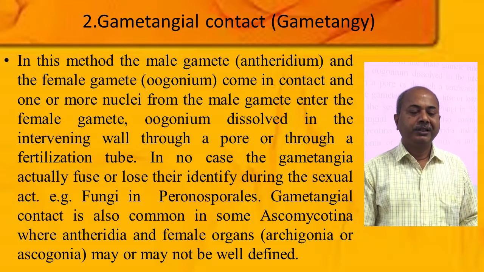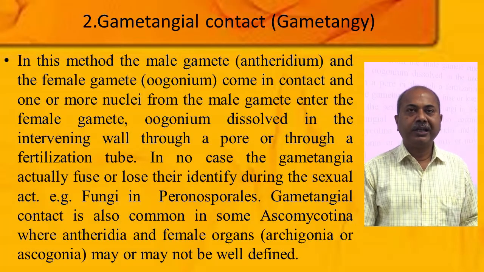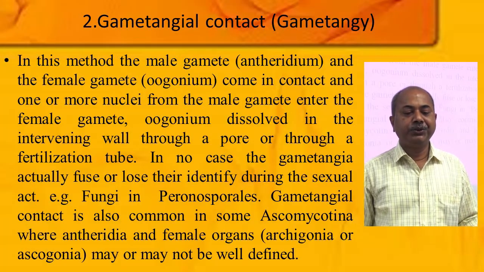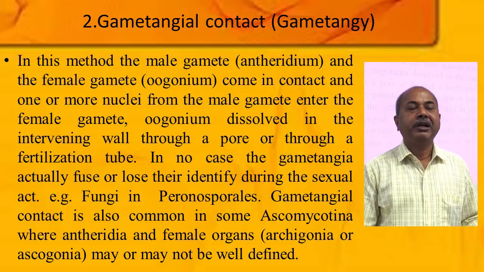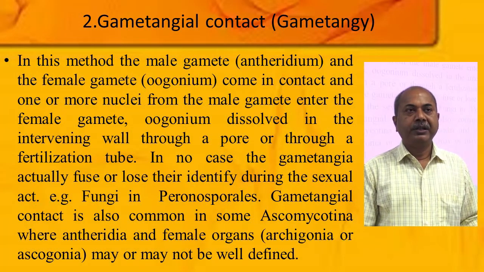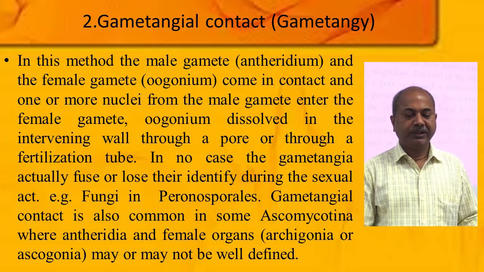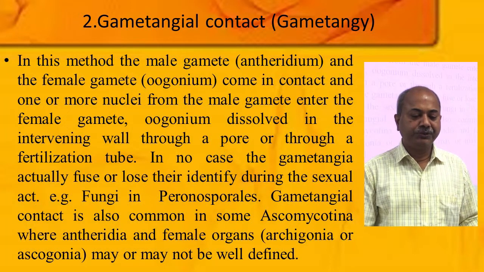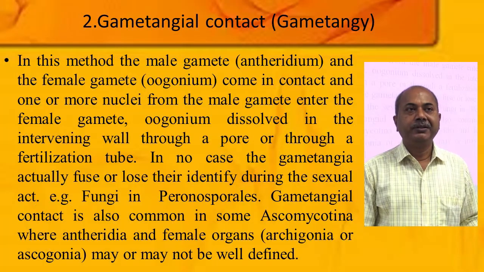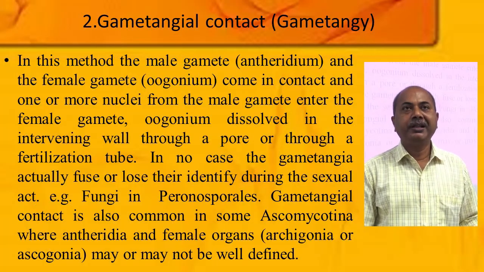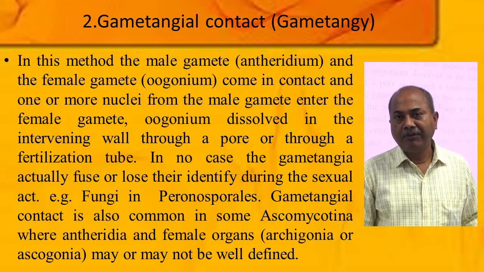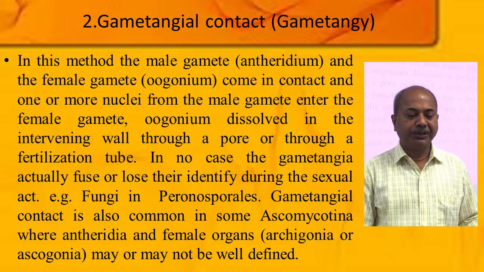So when the antheridium comes in contact with the oogonium, at the place of contact the wall dissolves, or a small fertilization tube is developed, through which the nuclear material of the antheridium passes into the oogonium.